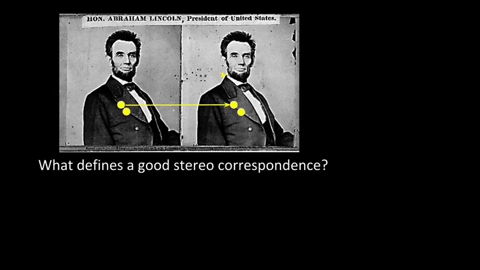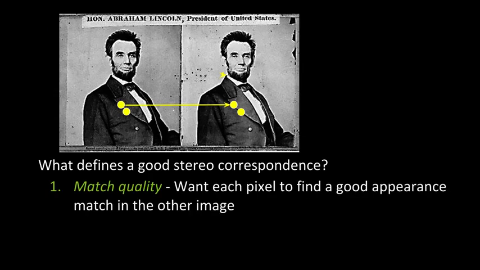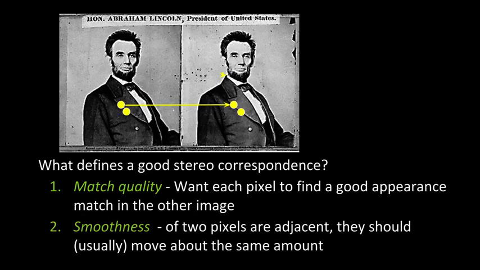So in motivating that other approach, let's think about it this way. What defines a good set of correspondences? Well, first of all, going back to our earlier work, we want each pixel to find a good appearance match from left image to right or right to left. So we talk about match quality. But the other thing is, remember when we were first doing filtering for noise, we said one of the assumptions we make is that 2 pixels that are nearby have similar real values.